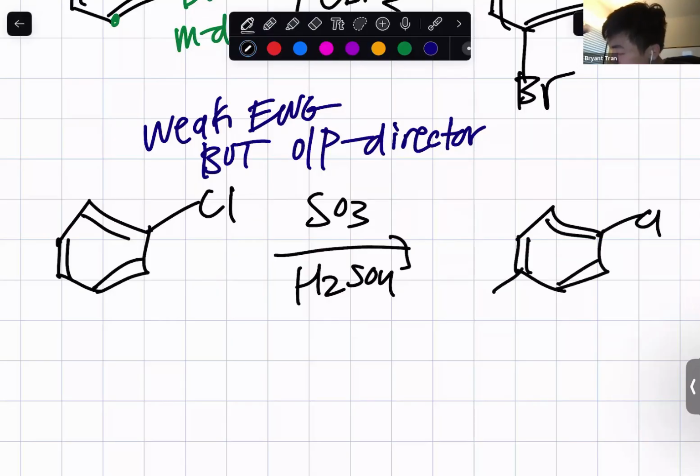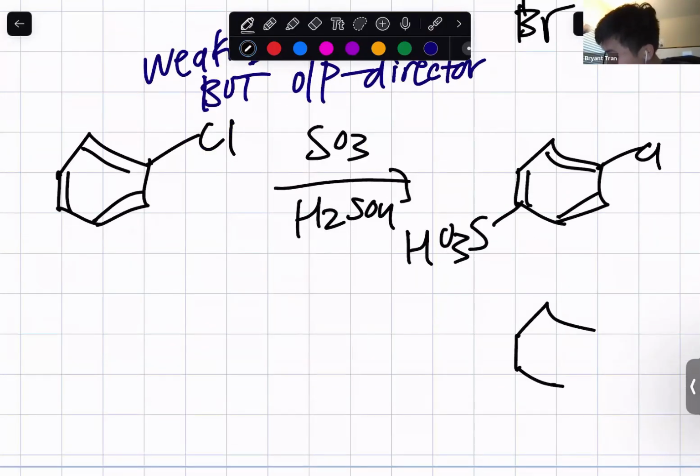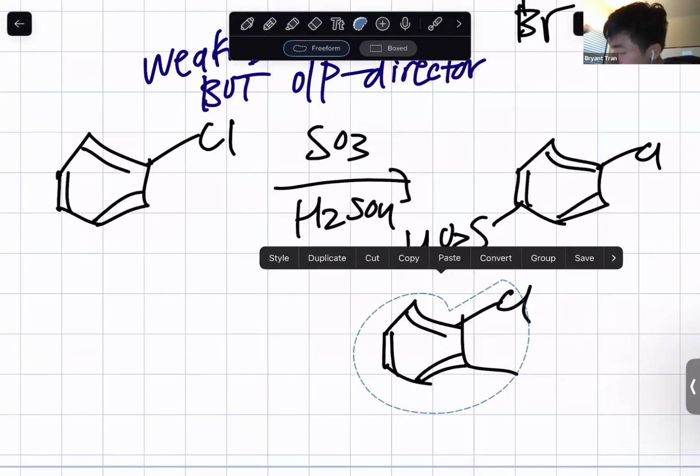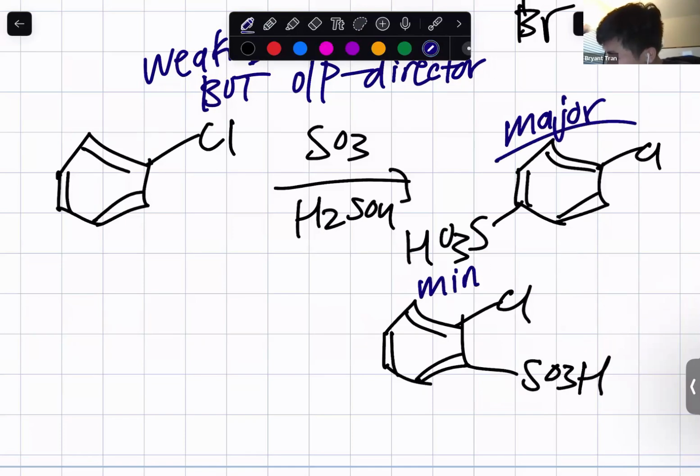The major product, like we said earlier, would add the SO3H group para to that chlorine, and the minor product would have the SO3H ortho to that chlorine because of steric hindrance. This would be major. This will be minor.